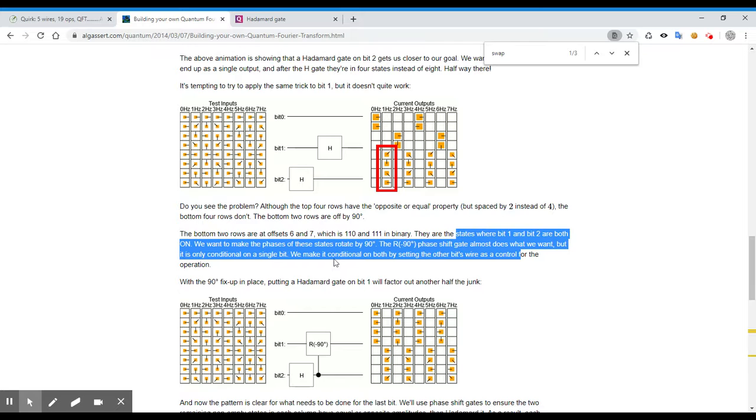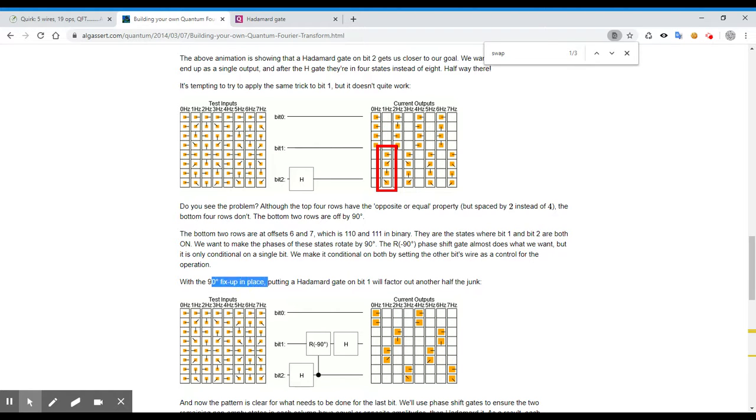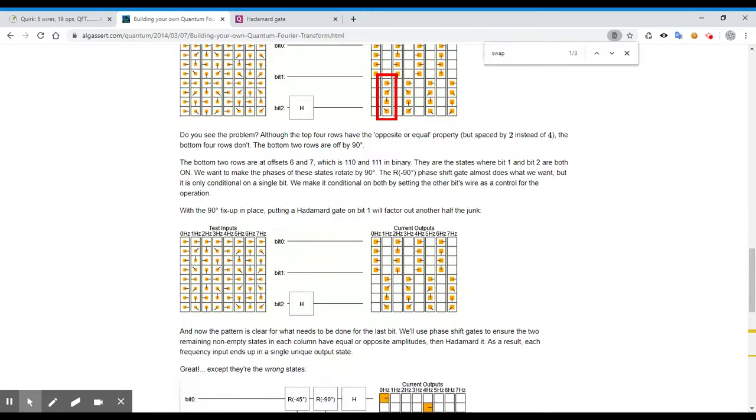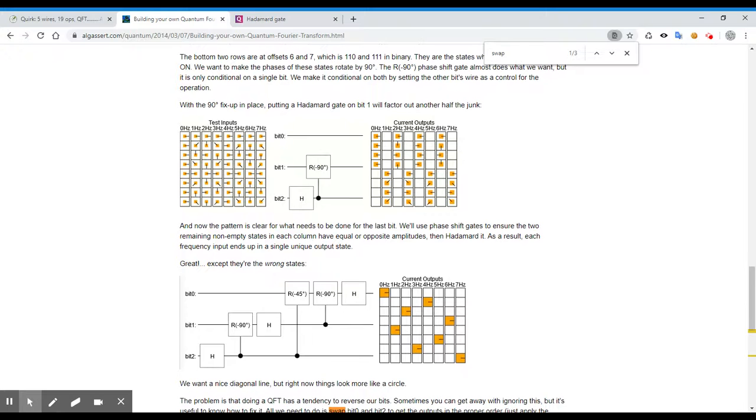Put a Hadamard gate on bit 1 and it will factor out another half of the chunk. Now it's clear what needs to be done for the last bit.